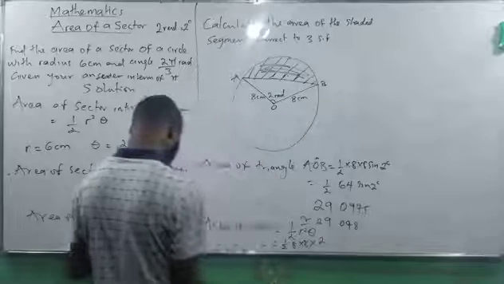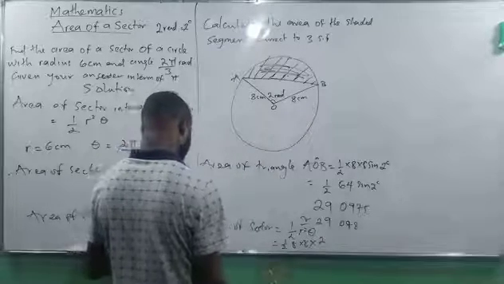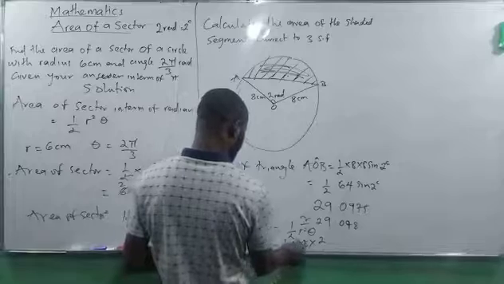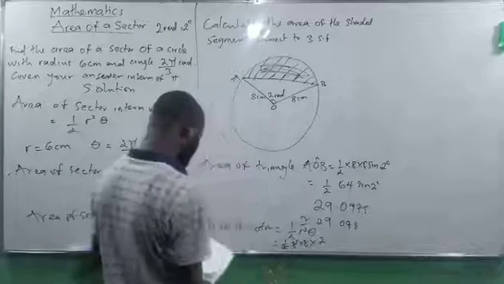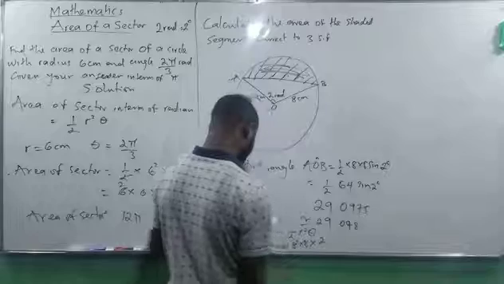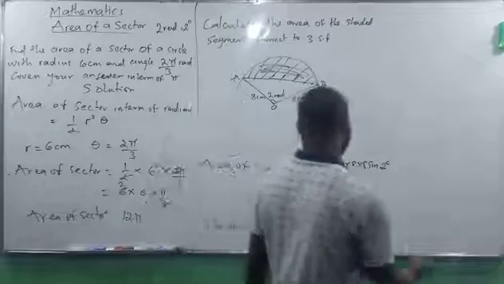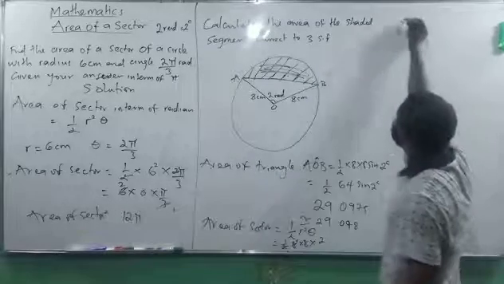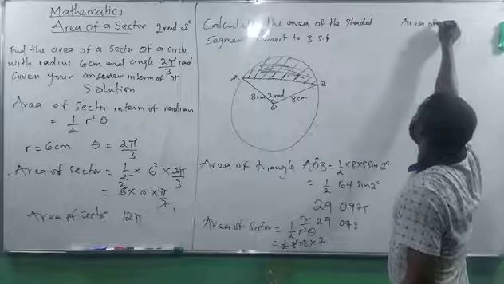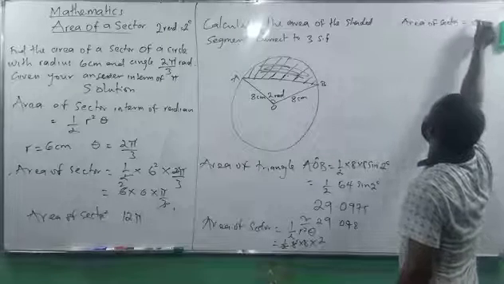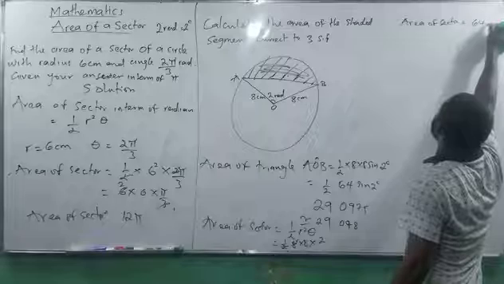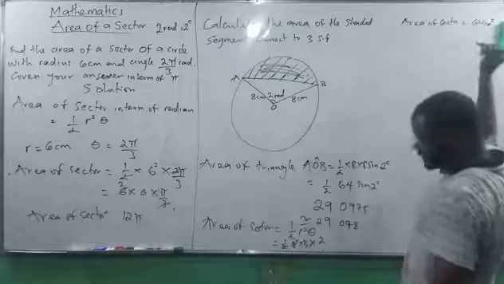I think yes, my angle is 2 rad. Now at this junction here 1, here 4, and 2 times 8 times 4, that will be 32. 32 times 2, that will be 64. It means my area of a sector is equal to 64 centimeters squared.